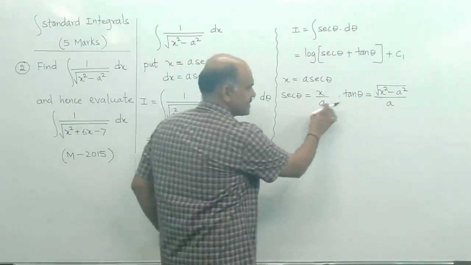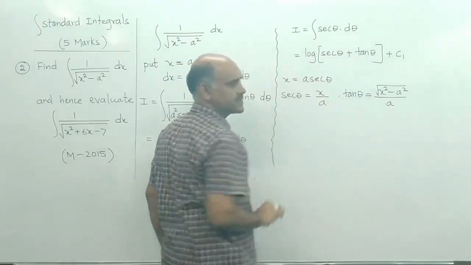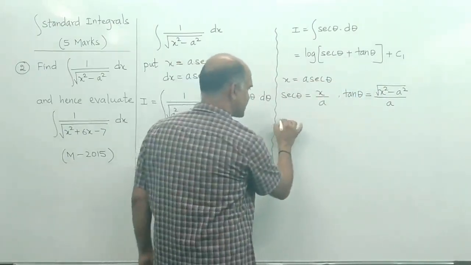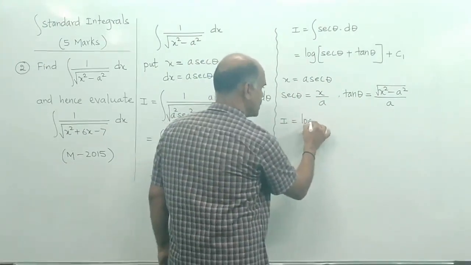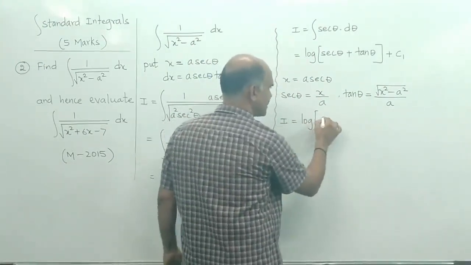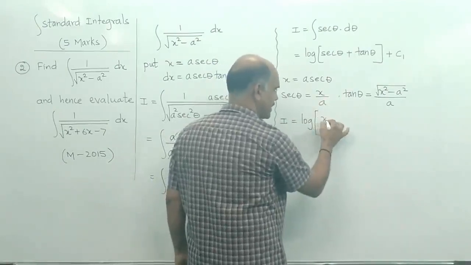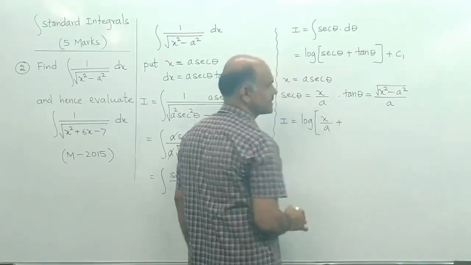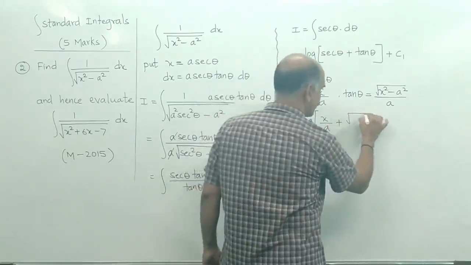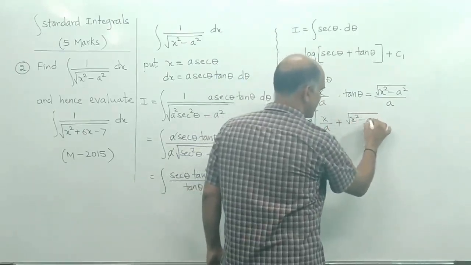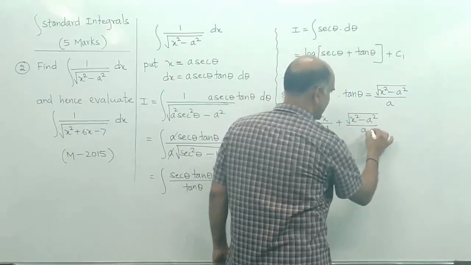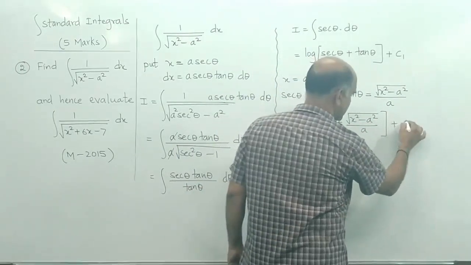So now these two values you substitute here. So you'll get I is equal to log into bracket, sorry, secant theta is x by a plus tan theta is root of x square minus a square by a, bracket complete plus C1.